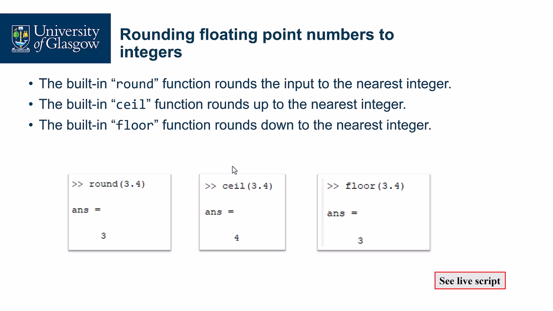You can see here 3.4 as an input. If we say round, it goes to 3. Ceil, even with this 0.4, goes to 4 because it goes up to the nearest integer. Floor goes to 3. If floor 3.6, it also goes to 3, right? So this is rounding.